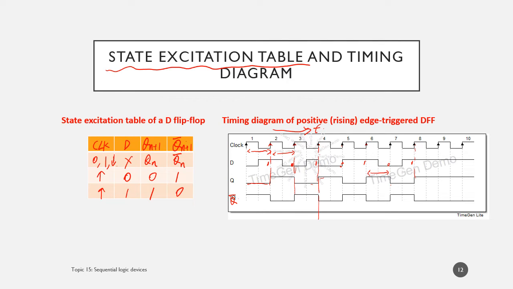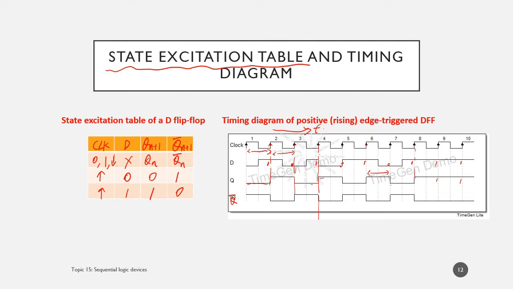It keeps the same for this period. Then we get the 7th rising edge, and the D value is 0, so Q becomes 0. At the 8th edge, D is 1, so Q changes to 1. At the 9th edge, it's 1, so Q stays 1. At the 10th edge, D is still 1, so Q is still 1. Now you can understand why we get the waveform for Q like that.